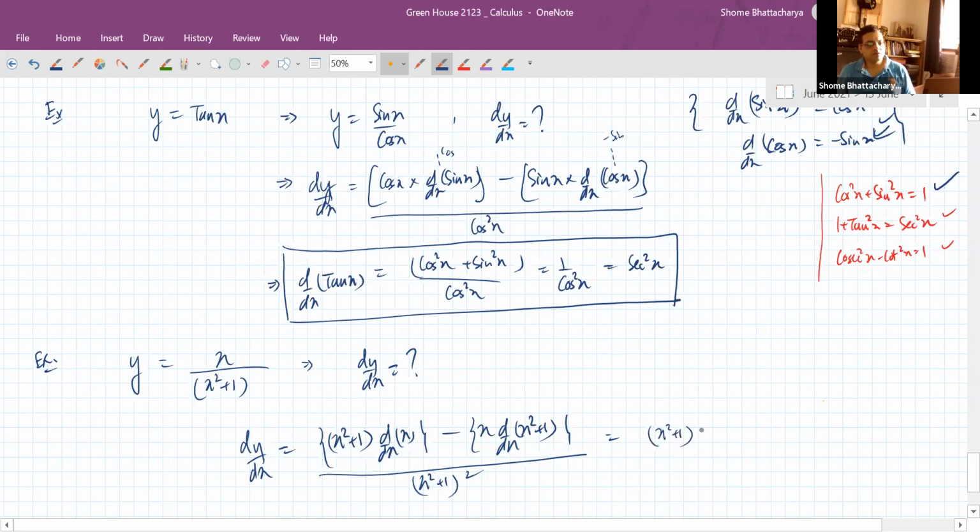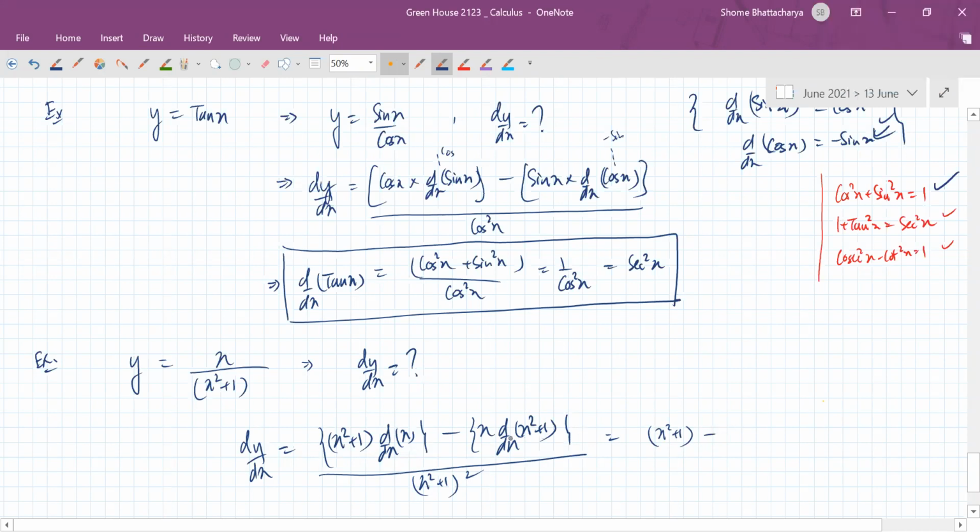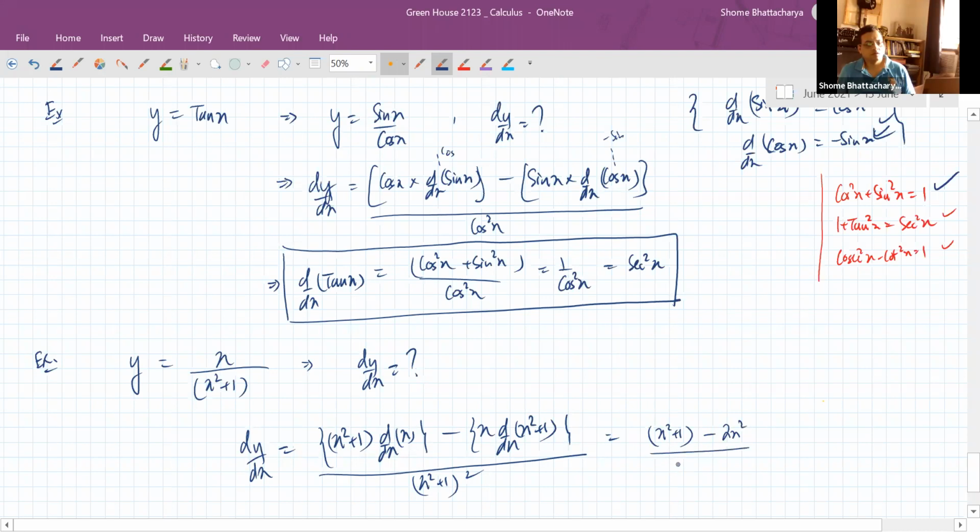You can see this x square plus 1 minus 2x square. This will become 1 minus x square upon x square plus 1 whole square. You can simplify it a little further by writing this as 1 minus x into 1 plus x also, but this is also all right on its own.